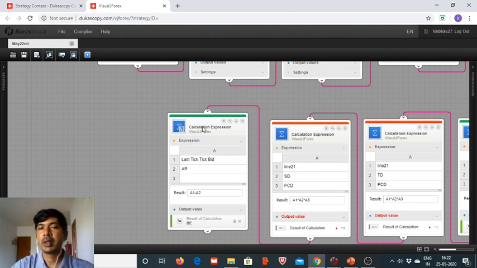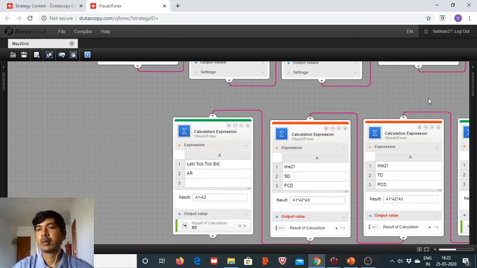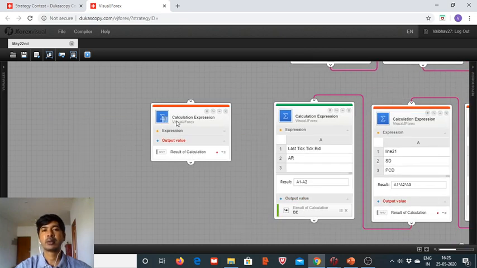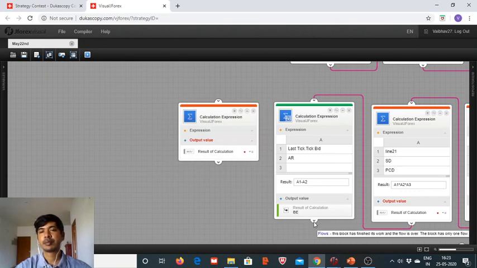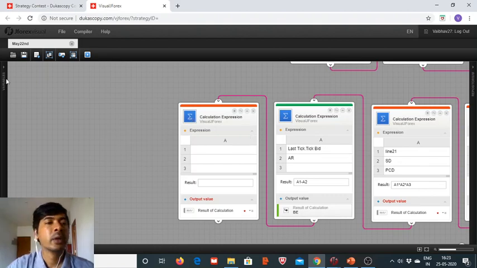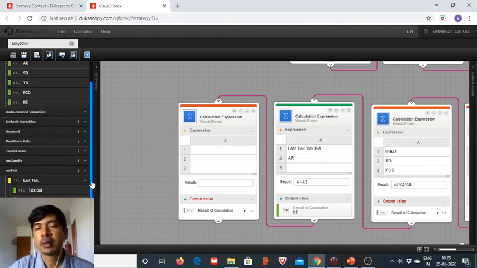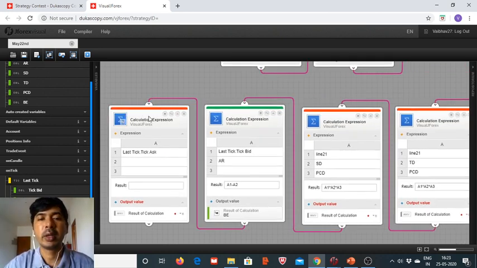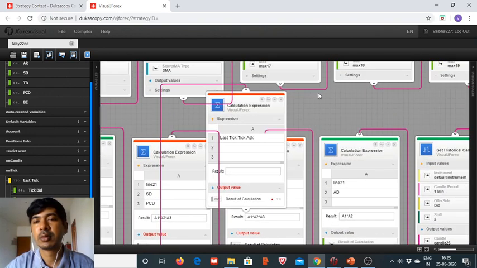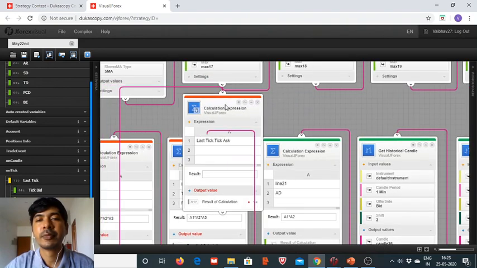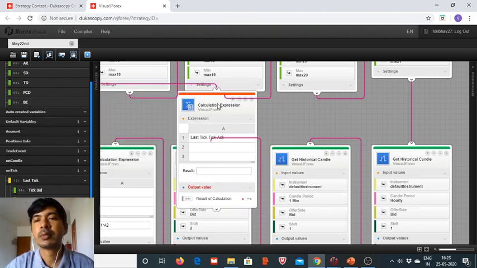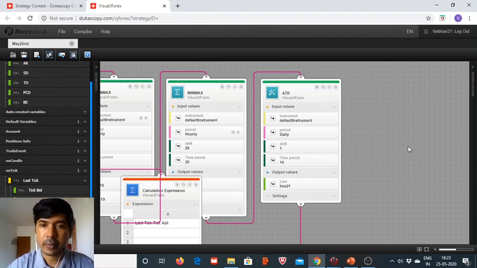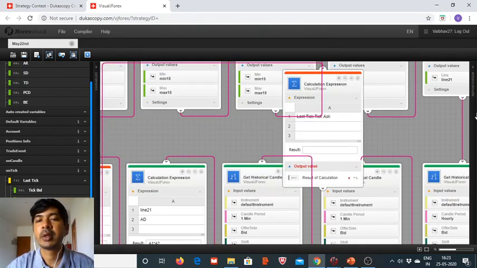So straight away we will build that as well. For that we will need one more calculation expression, and again the last tick ask, and we take 10% of the ATR value.